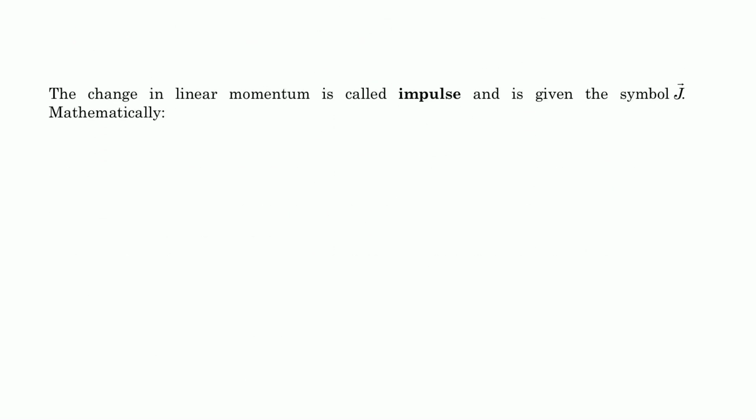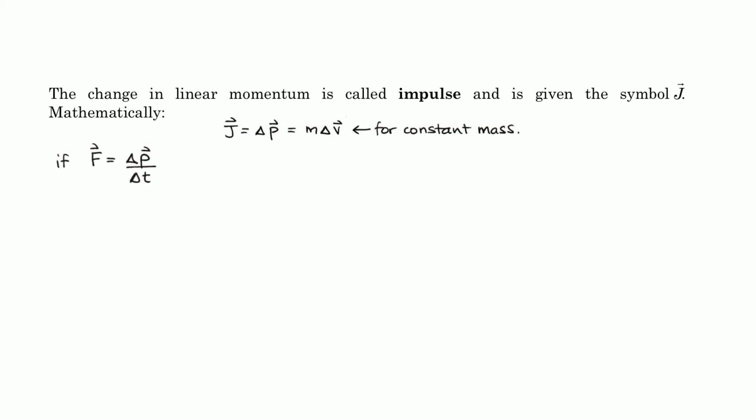Any change in linear momentum we call impulse, and it's given the symbol capital J. In your textbook it's given capital J. So the impulse is equal to the change in momentum, which for constant mass is m times delta v.